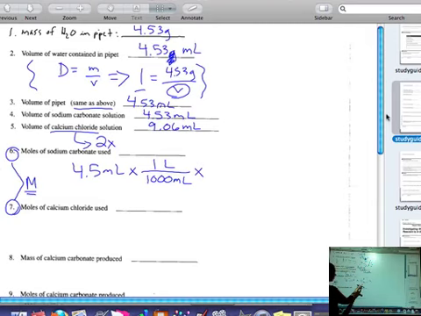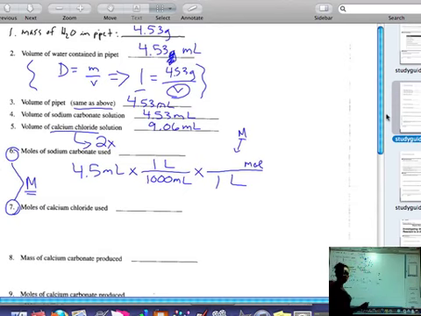And then, now all we have is this number in terms of liters, so then we've got to look at it in terms of moles, and we've got to get to moles per liter, okay, which is molarity. Again, molarity, capital M.